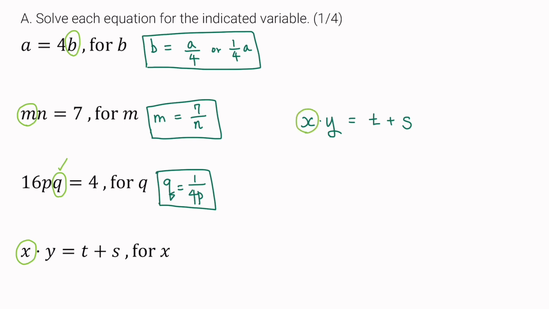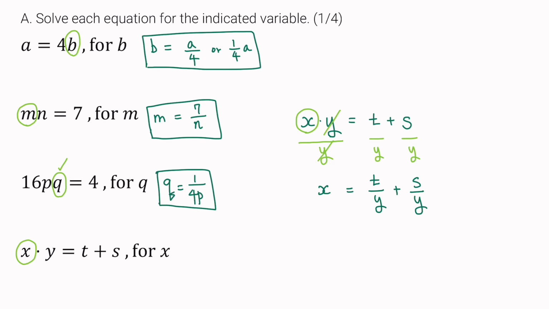So I want to get rid of this y from the left side of the equation, and I can do that by dividing every term in this expression by the variable y. That way I can eliminate y from the left side of the equation and end up with x is equal to t over y plus s over y.